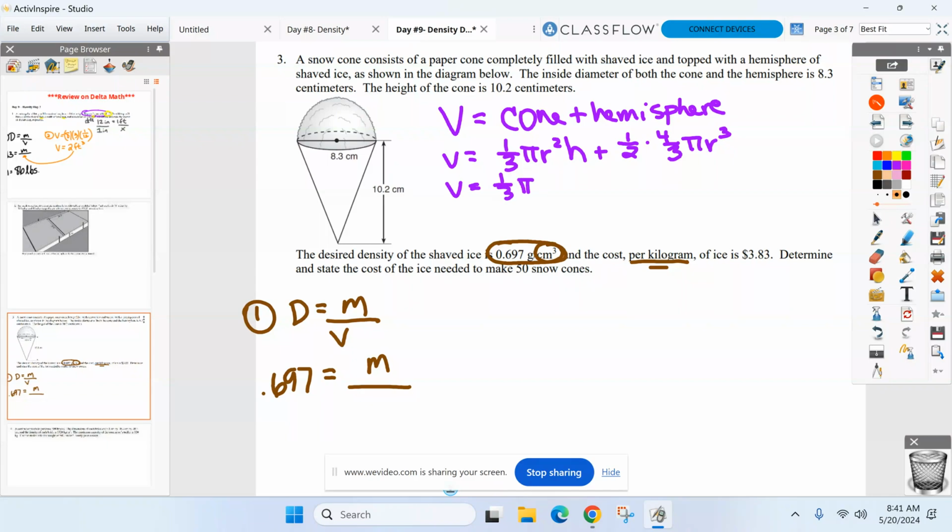Should have 4.15 in instead. And please keep all the decimals all the way through here. This is not even close to our final answer.